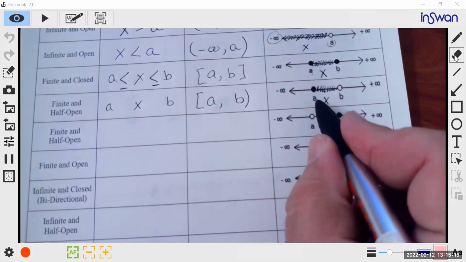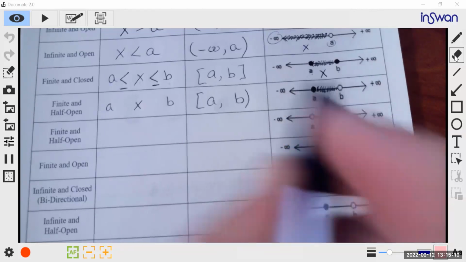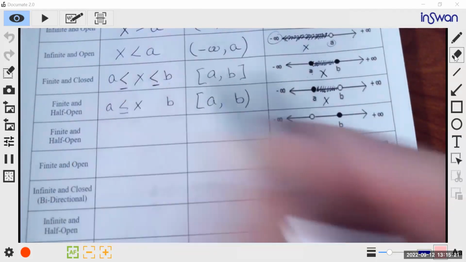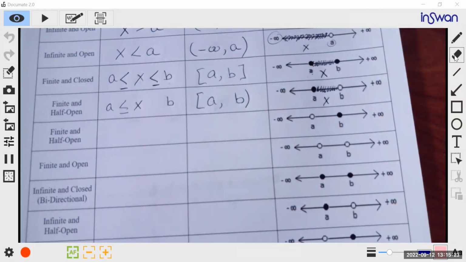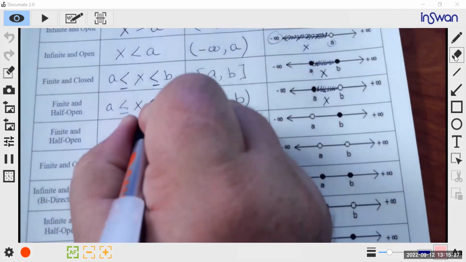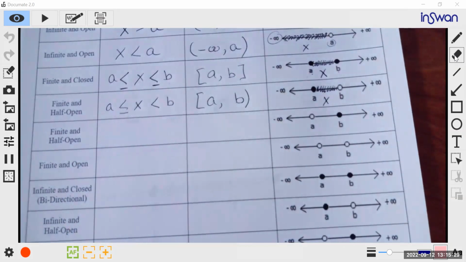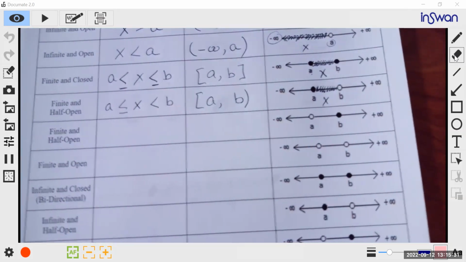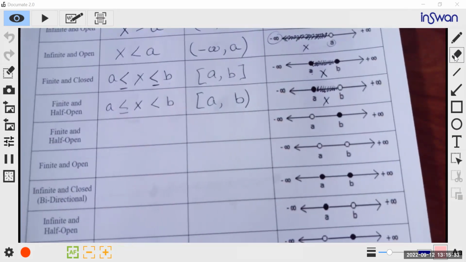It's a solid dot on A, which means yes, so it's greater than or equal to. Can it equal B? No, so X is strictly less than B. It goes infinitely close to B, but never touches it.